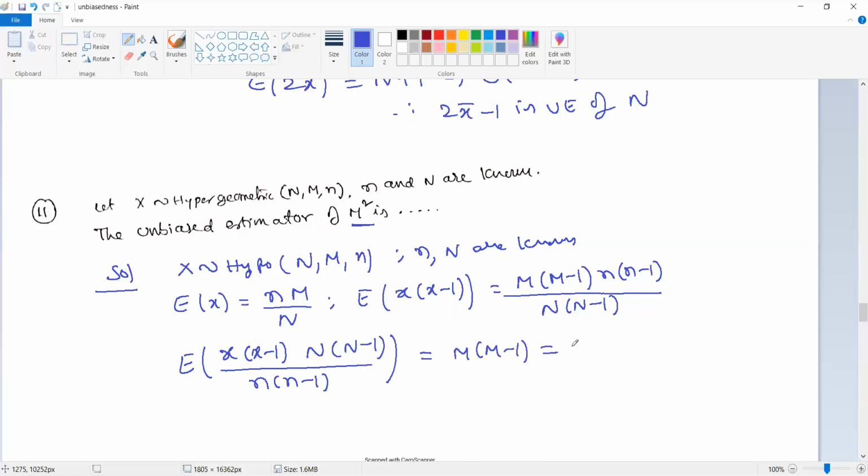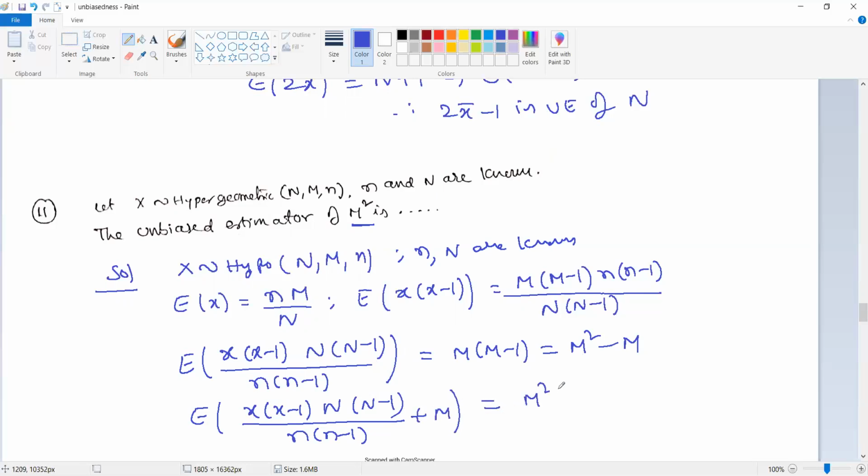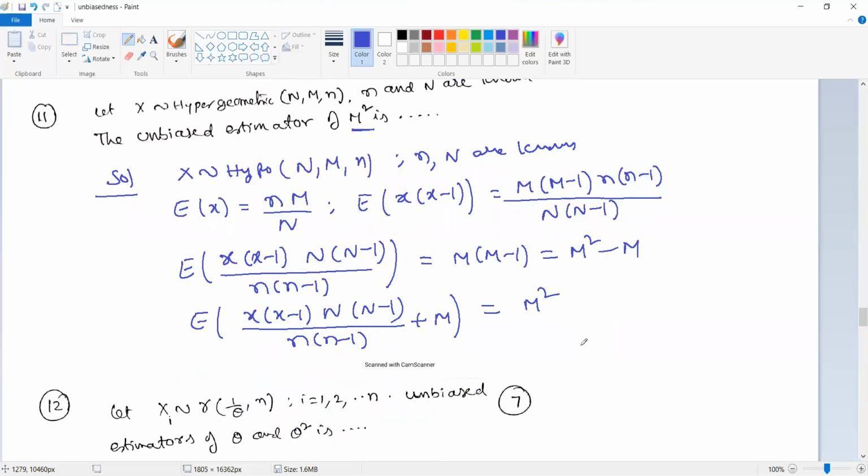M into (M minus 1) is what? M square minus M. So the expectation of X into (X minus 1), capital N into (capital N minus 1) by small n into (small n minus 1), equals M square minus M. Our requirement is M square, so this extra value is brought to this side. The function of sample observations should involve only functions of X.